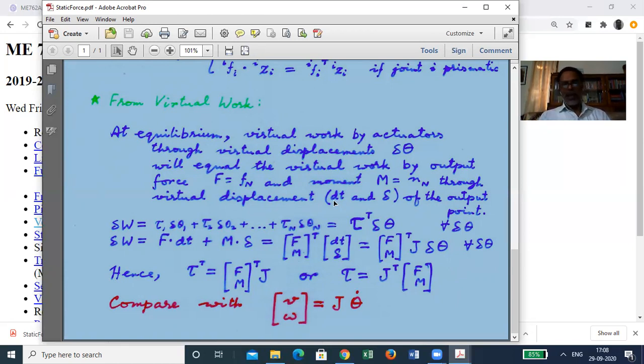So you subtract that and get 0. So you can say the same thing as that the virtual work input that the manipulator is getting and the virtual work output that it is giving to the environment are the same.